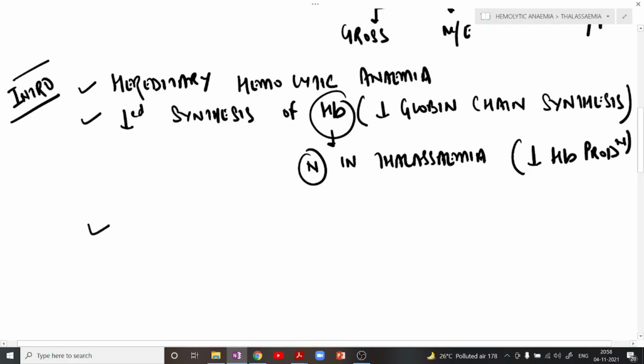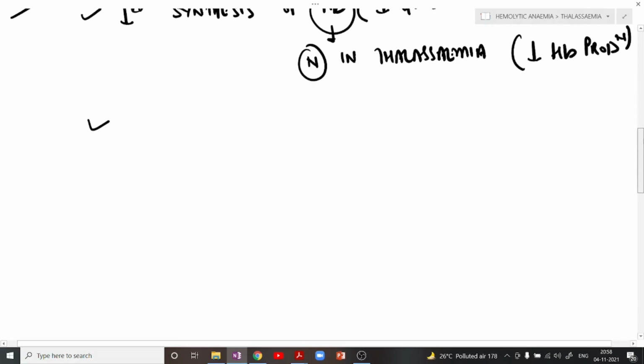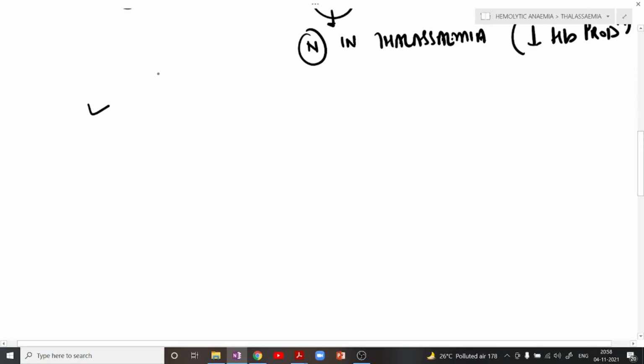So let us try to understand this globin chain synthesis scenario. Normally, in individuals like you and me, the majority have hemoglobin A, which is comprised of two chains, one alpha chain and one beta chain. So normally we have two alpha chains and two beta chains.